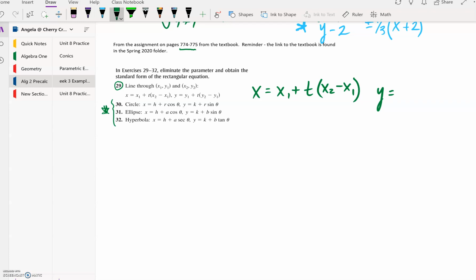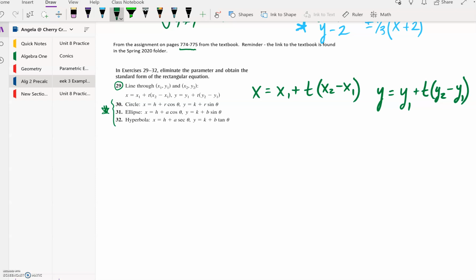Let me get that written down. y sub 1 plus t times y sub 2 minus y sub 1. Okay, so again, just like any other time when we're eliminating the parameter, you want to get the t value by itself and then make a substitution.